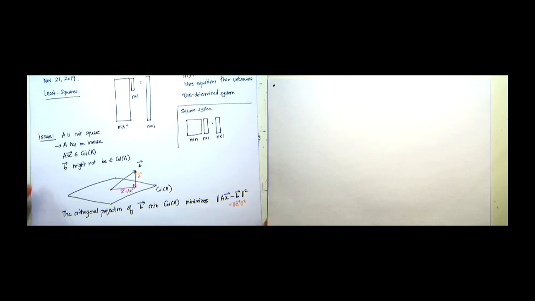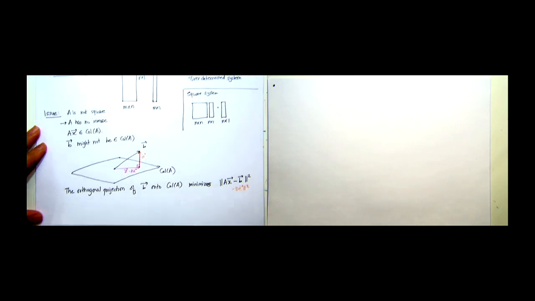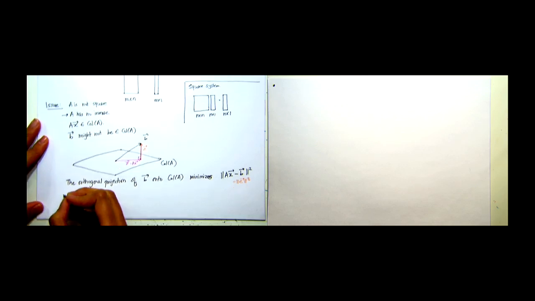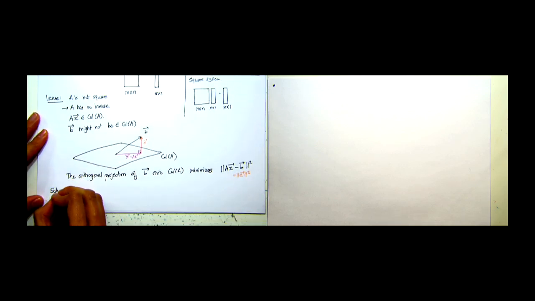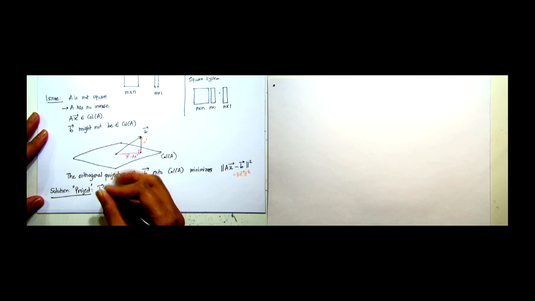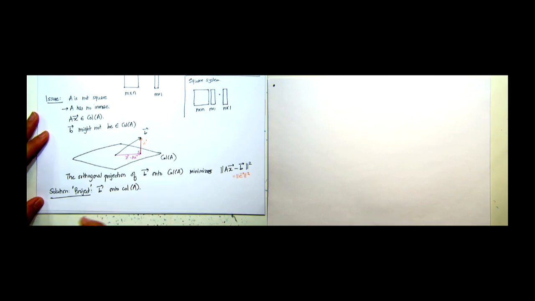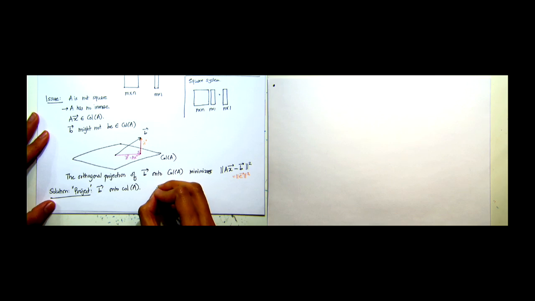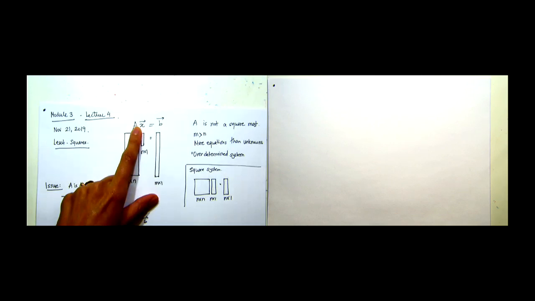What was the formula that we had? We basically had a projection formula, right? Our solution was to project B onto this column space. And this gave us that what we want for our x here, the best value that we have, which we're going to represent by x hat.